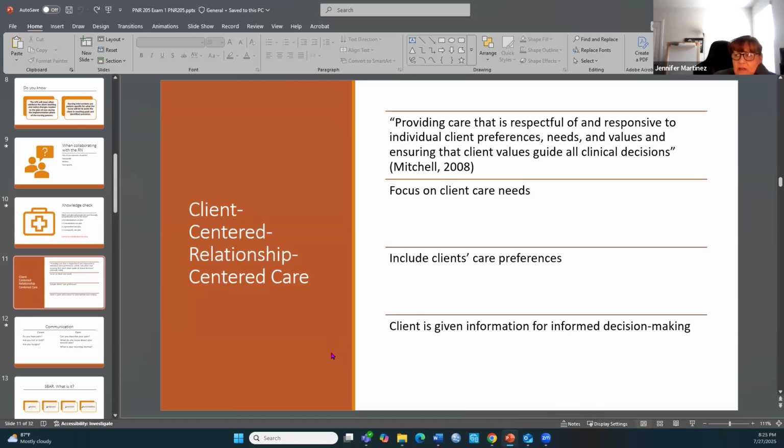And then the client is given information for informed decision making, right? So when we're looking at establishing a plan of care, whether it's for a specific disease or something else, right? We give them the good, the bad, the ugly, right? All of their options for care.